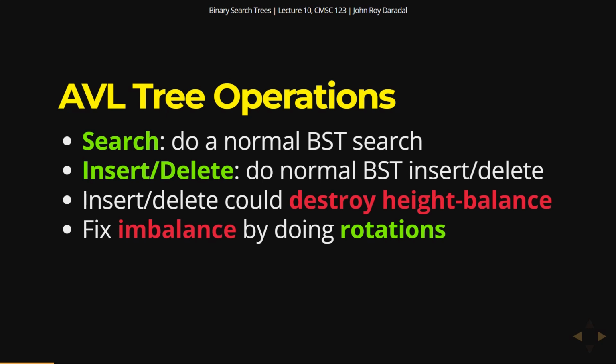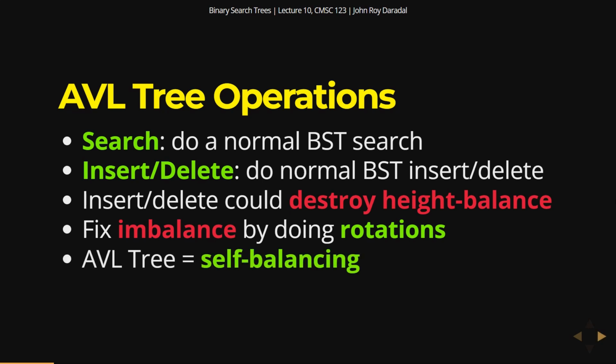So it's important that you really understand how to do rotations and how to recognize the pattern and the appropriate rotation that you need to do based on the pattern. We fix those imbalances, and because of that, the AVL tree is a self-balancing tree, because it does the balancing by itself after doing insertion or deletion. Okay, so it's a self-balancing tree.